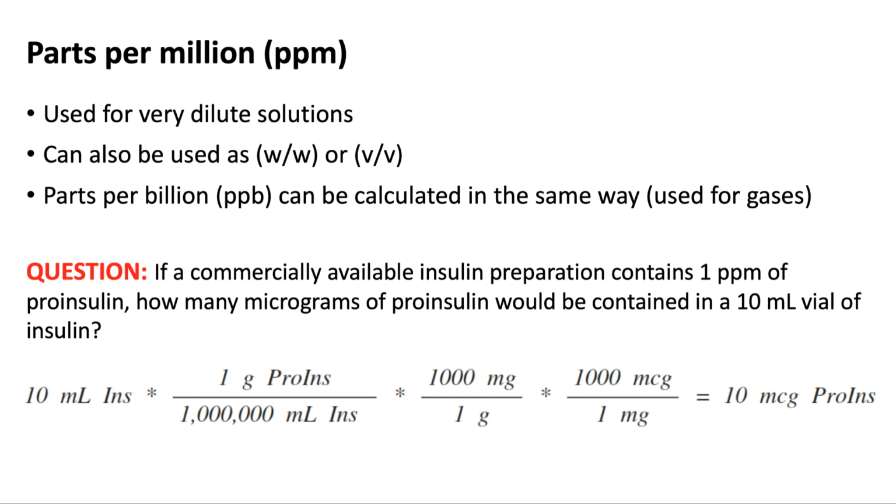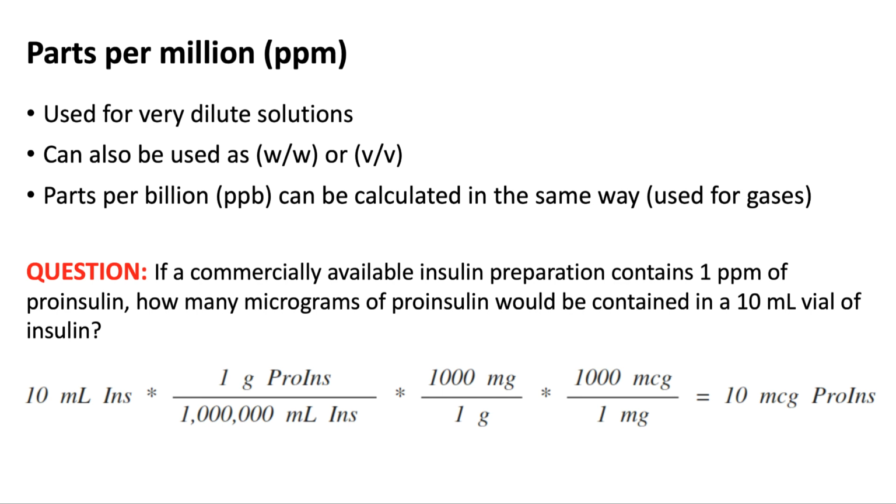So let's multiply 10 milliliters times the fact that would be 1 gram of proinsulin for every 1 million milliliters of insulin. Okay? So in the units of grams per milliliter are the units of weight per volume. So if we multiply that across, my units of milliliters of insulin will cancel and will be in grams of proinsulin. So the last step wants to know the micrograms of proinsulin.